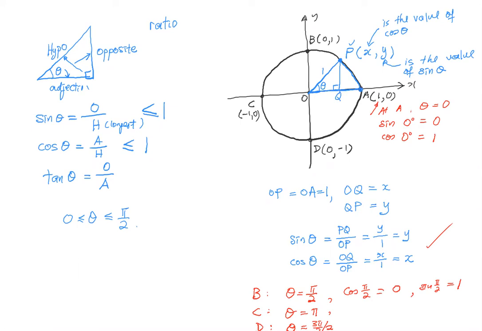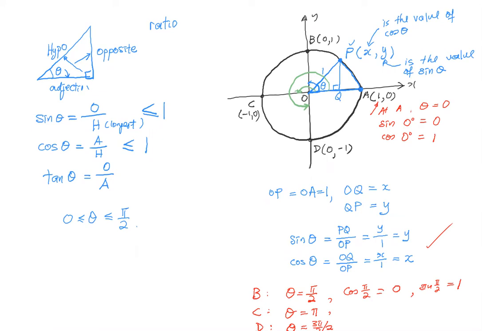So you turn anti-clockwise, then that is for point B. For point C, from here you turn to here. For point D, you turn from here to here. Then you go round and round. Have I answered your question? Yes.